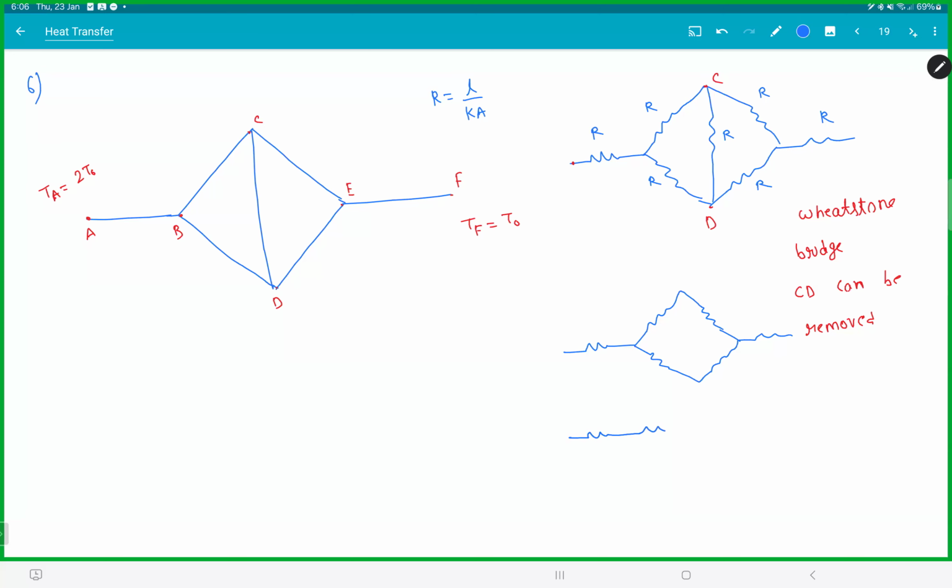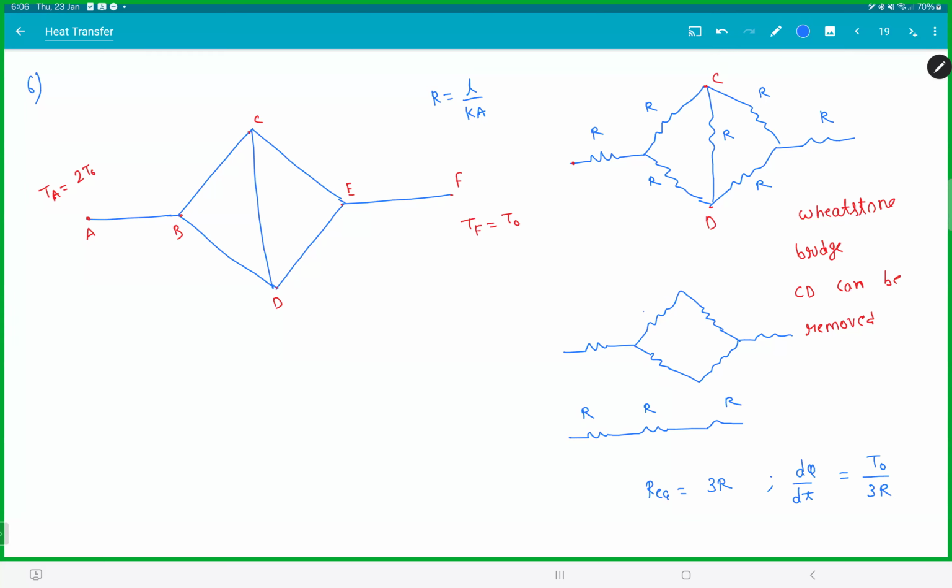Then this becomes like this, R, R, and R. Because see, this R and R, 2R, 2R, 2R, 2R will be R again. So you'll end up with R equivalent is equal to 3R. And dQ by dt is equal to temperature difference T naught by 3R.